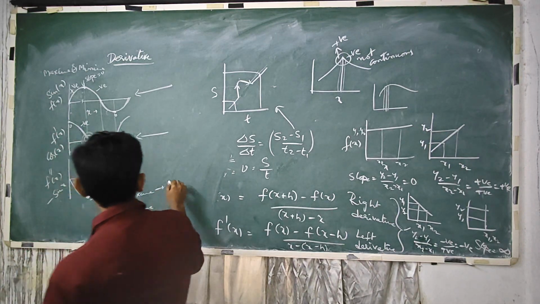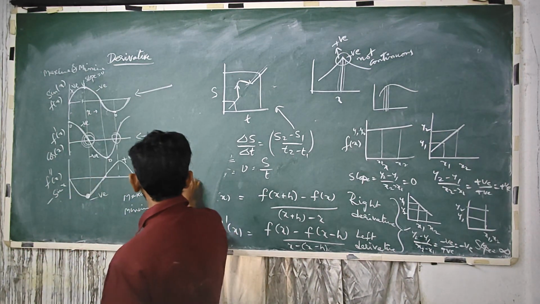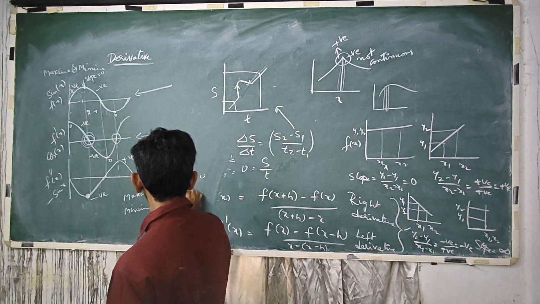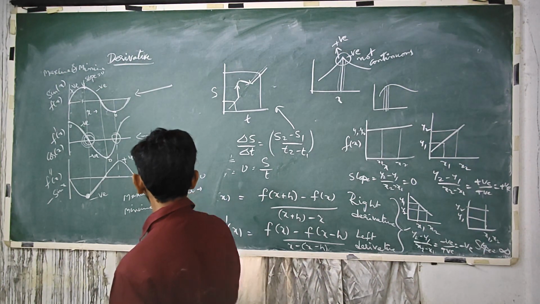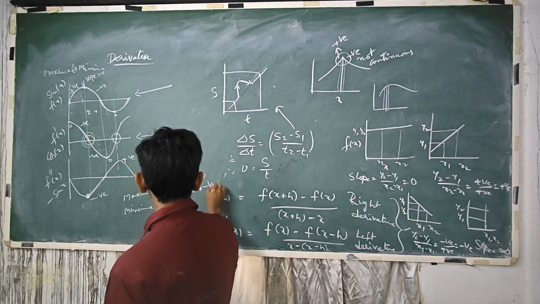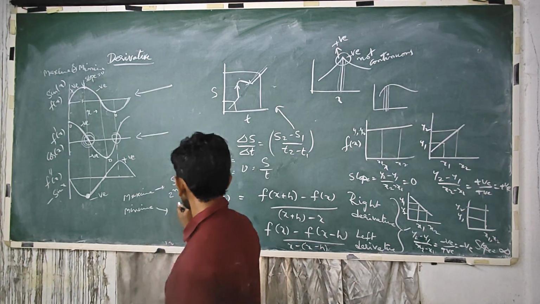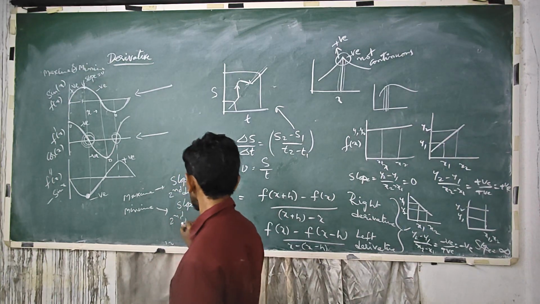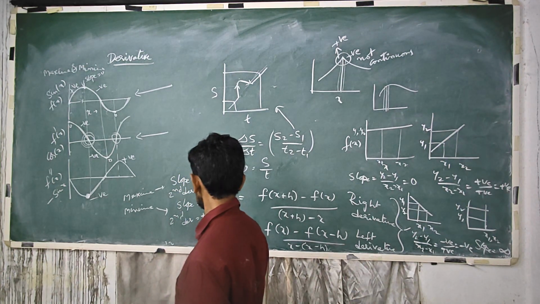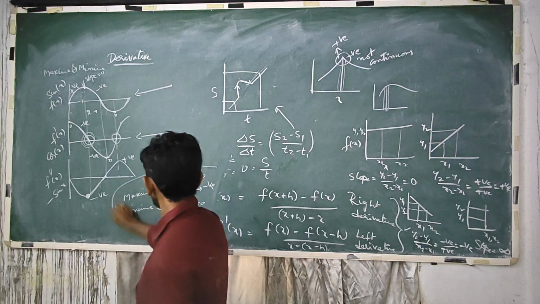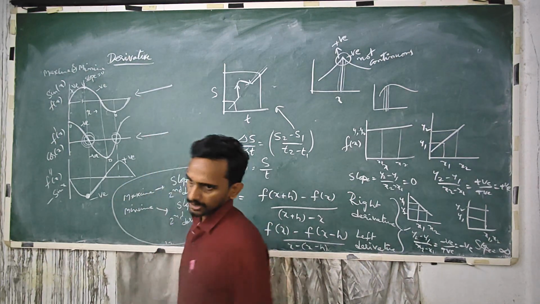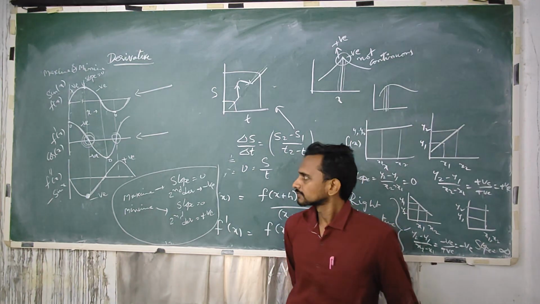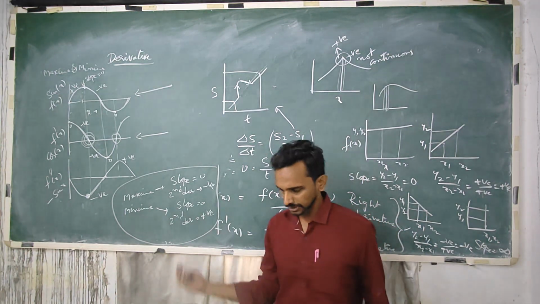Maxima is the location where slope is 0 and second derivative negative. Minima is the location where slope is 0 and second derivative positive. So this is the basic idea we use in some mathematical calculations.